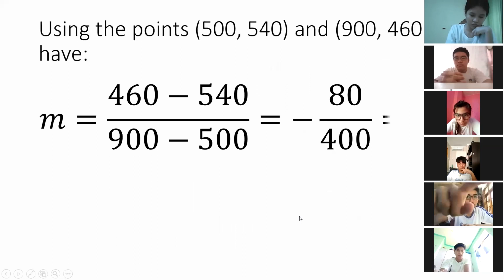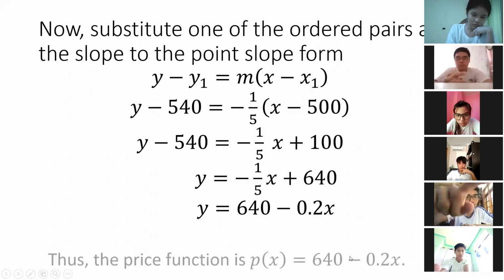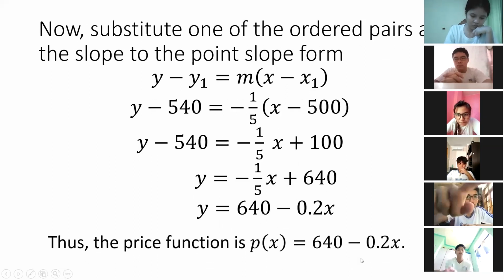Using the price function, substituting x to be 2,500, 0.2 times 2,500, you'll get 500. 640 minus 500, you'll get 140, which is the price per t-shirt if the number of t-shirts sold is 2,500. Therefore, if this price function is true for all the examples in the table, then your answer is perhaps correct.